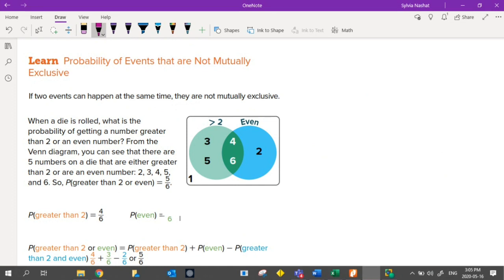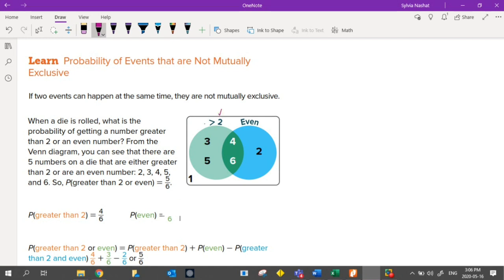When a die is rolled once, what is the probability of getting a number greater than 2 or a number that is even? The even numbers are 2, 4, and 6. The event of having a number greater than 2 is 3, 4, 5, and 6.